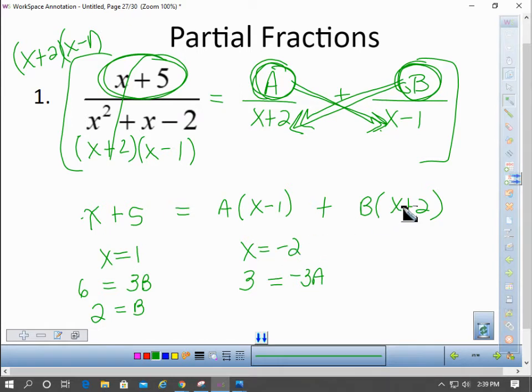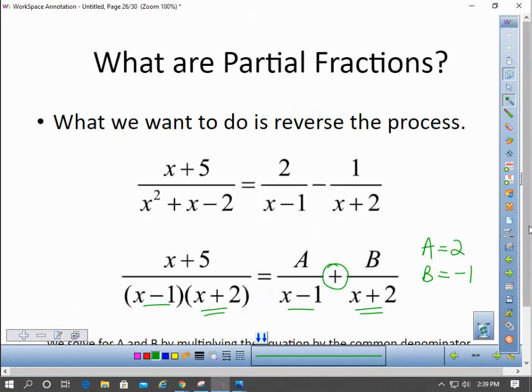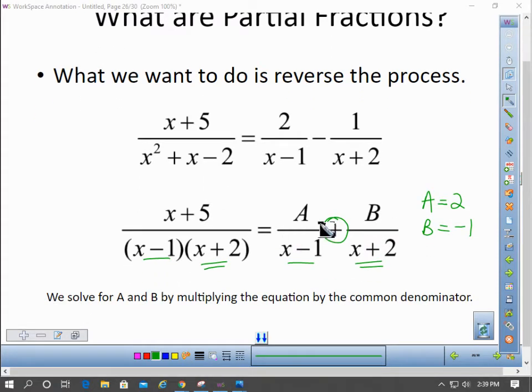And putting -2 in here is going to make that 0, so the B goes away. So you're solving this equation. You divide by -3 and you get A is -1, which we already knew from looking at this problem over here, even though I had the letters reversed. It doesn't make any difference. One of the answers is 2, the other one is -1.